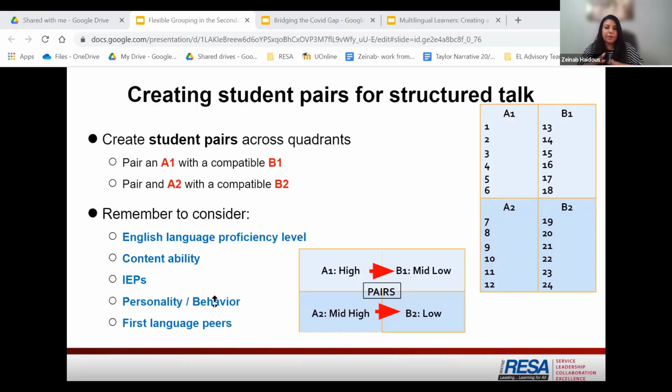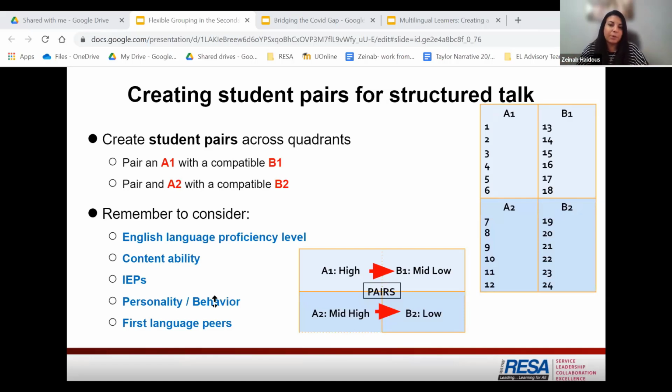So I know earlier Mary Lou discussed the leveling of the groups. The leveling can be done in different ways. And when it comes to leveling, we really would like to put students in different groups to have that structured talk.